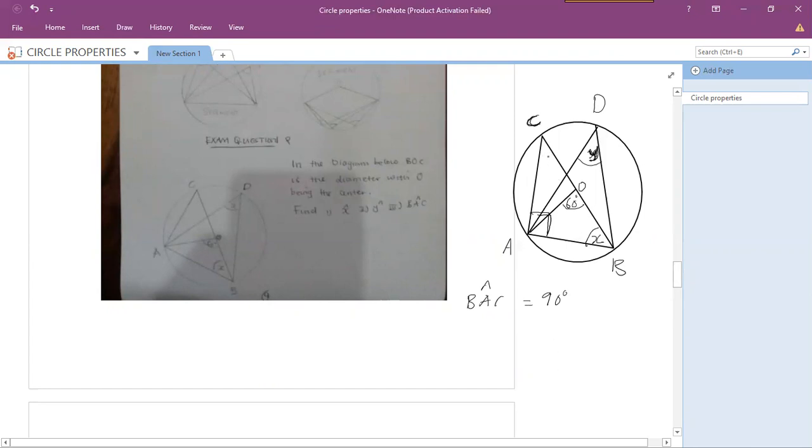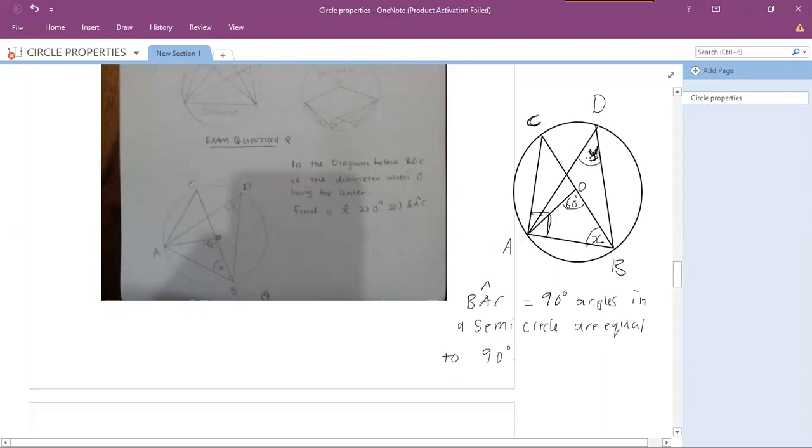Because the question stated that this line here, line BOC, its diameter, and this angle here is in a semicircle. So you have to say it's 90 degrees and you give an explanation. You say angles in a semicircle are equal to 90 degrees, like that.